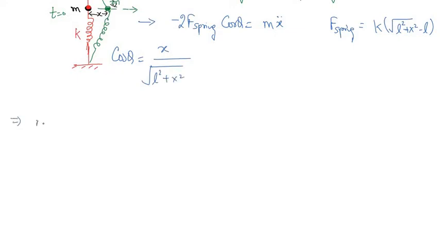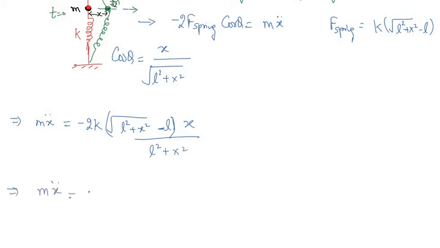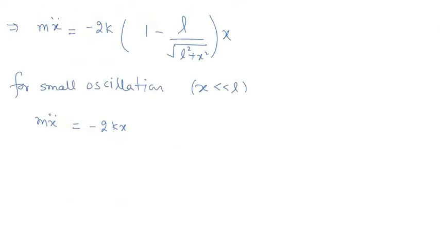So this becomes m x double dot equal to minus 2k, 1 minus L by the square root of L square plus x square, into x, which is 1 minus L times (L square plus x square) to the power minus half.